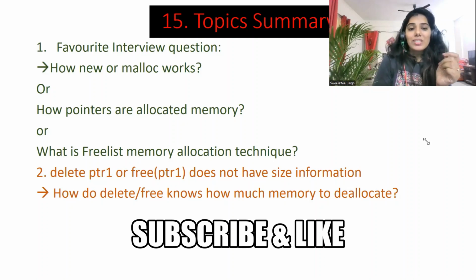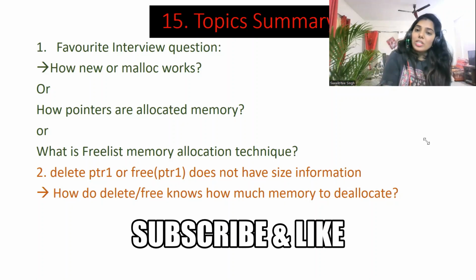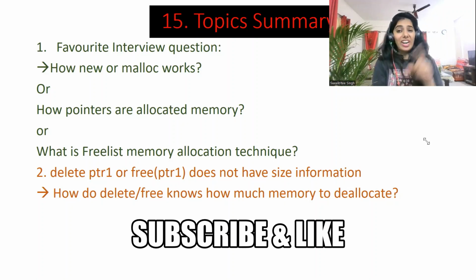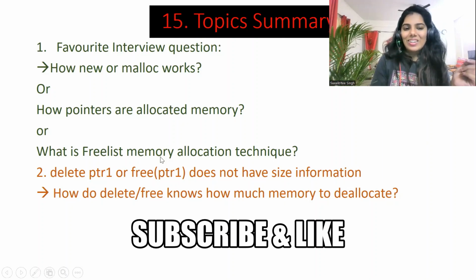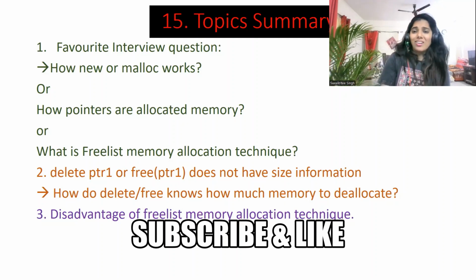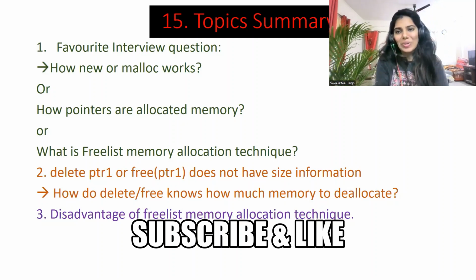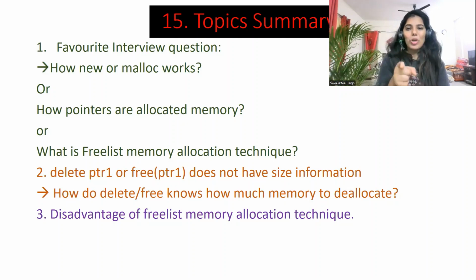Next question was how delete PTR and free PTR know how much memory to deallocate. Do you remember? Header part, right? And then the disadvantage of free list memory allocation. So if you explain to him that yes, malloc uses the free list for memory allocation and deallocation, the next question they are going to ask you is, do you think it has any disadvantage? And at that time, you are going to tell him external fragmentation, right?